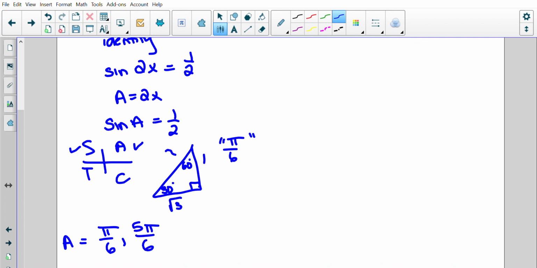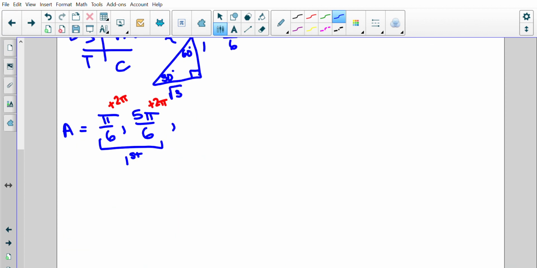But remember, A was 2x, which means there's 2 rotations. This is only the first rotation. So to get the second rotation, I have to add 2 pi to each of those answers. So 12 pi over 6, which is 2 pi, plus 1 pi over 6 gives me 13 pi over 6.